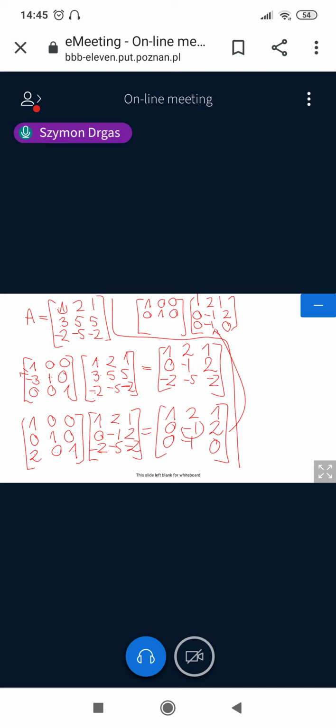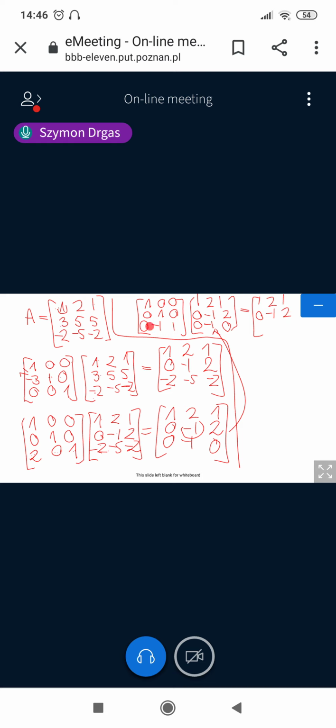Yes, so it's 0. Yeah, that answer is correct. So it's 0, -1, and 1. We have 1, 2, 1. Then the second row we need also to rewrite here. So it's 0, -1, and 2.